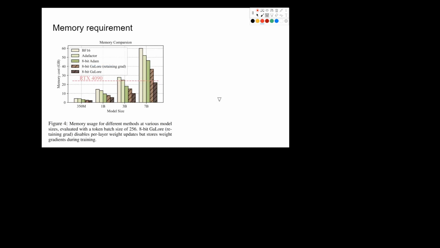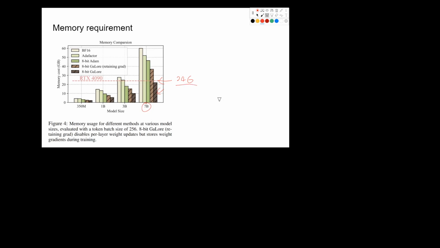In this picture, we will see the red line here. The red line is the consumer-class GPU card, which has 24 gigabytes of memory. So GaLore is the only one which can be used to pre-train and fine-tune the 7 billion models on consumer-class cards.